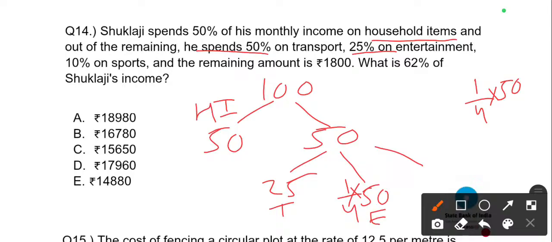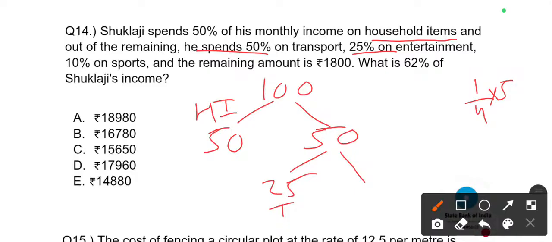Sorry, it will not be 3/4 of 50. 25 percent means 12.5. Wait a second.